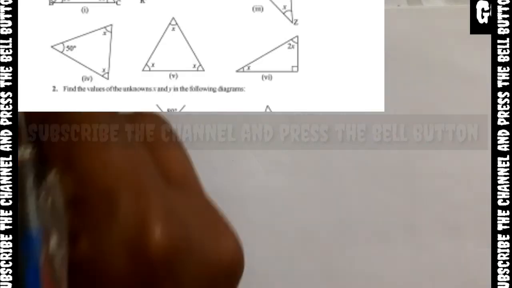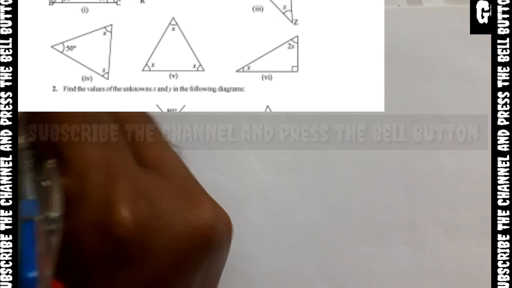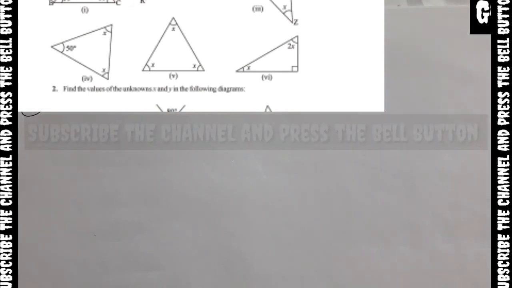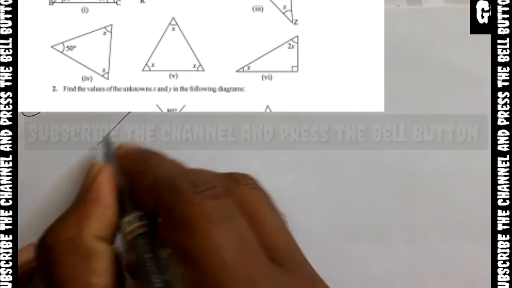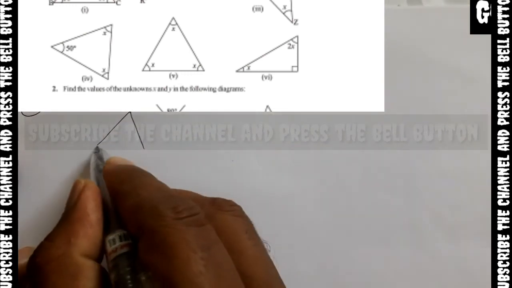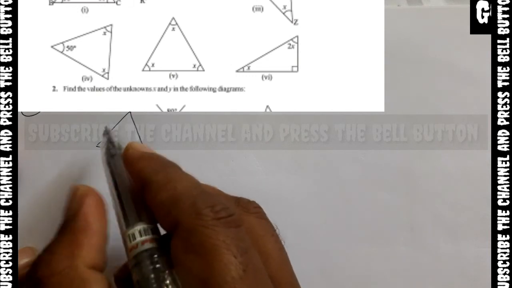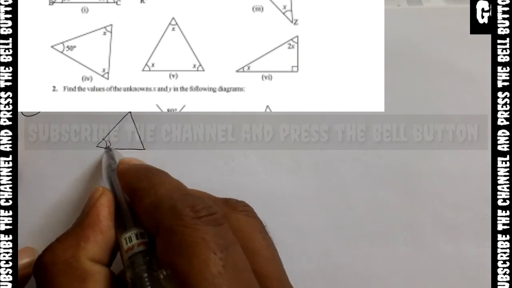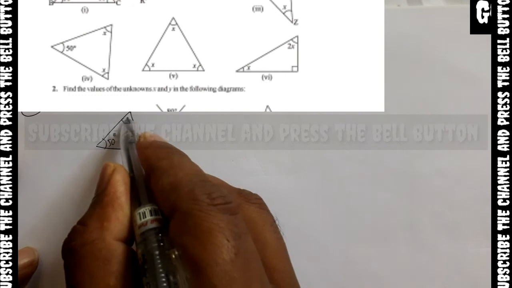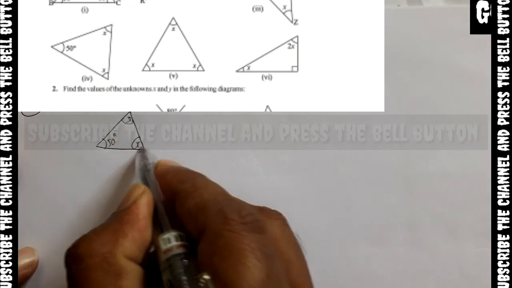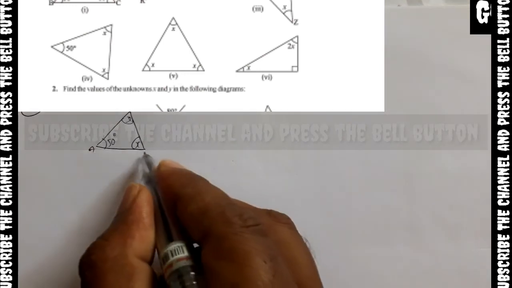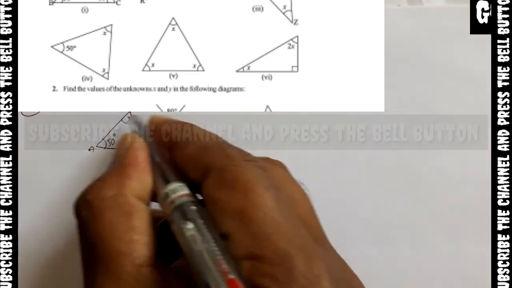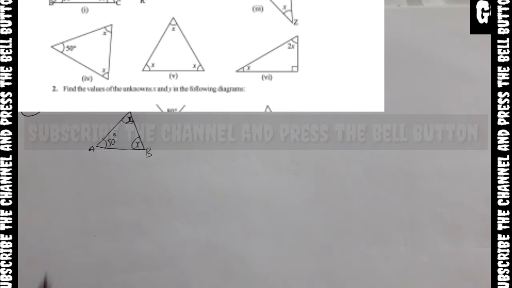Fourth one. In that fourth one, understood? The triangle given there, I am drawing the triangle roughly, with 50 degrees, x and x. For example, I am naming it ABC.